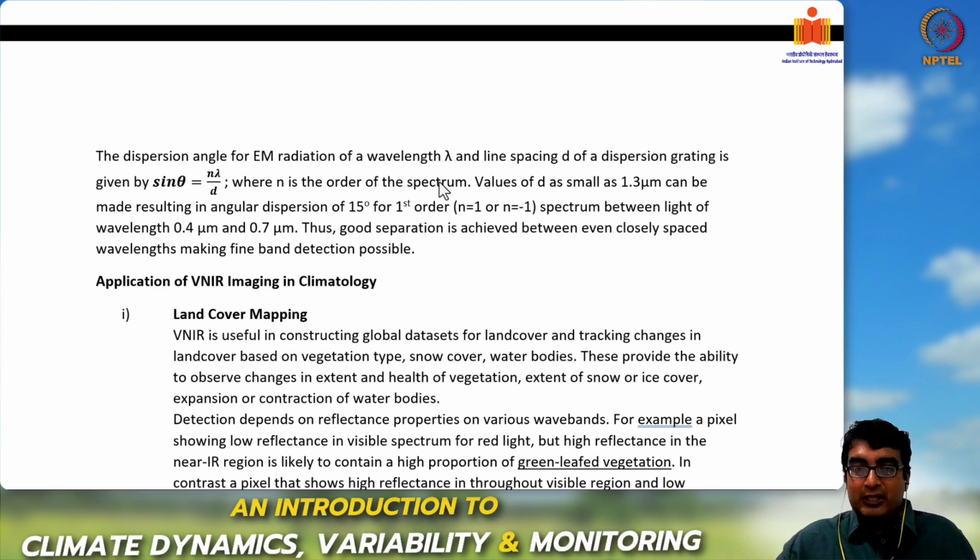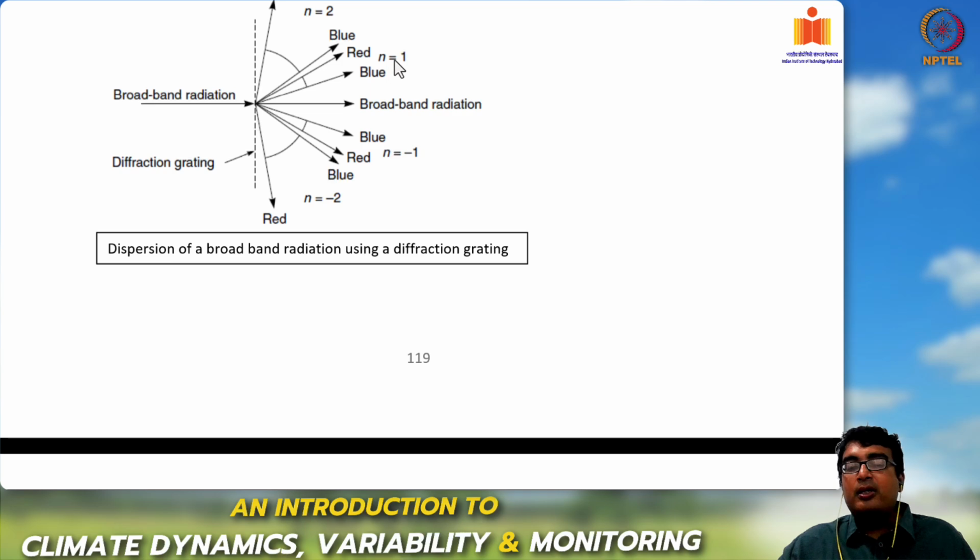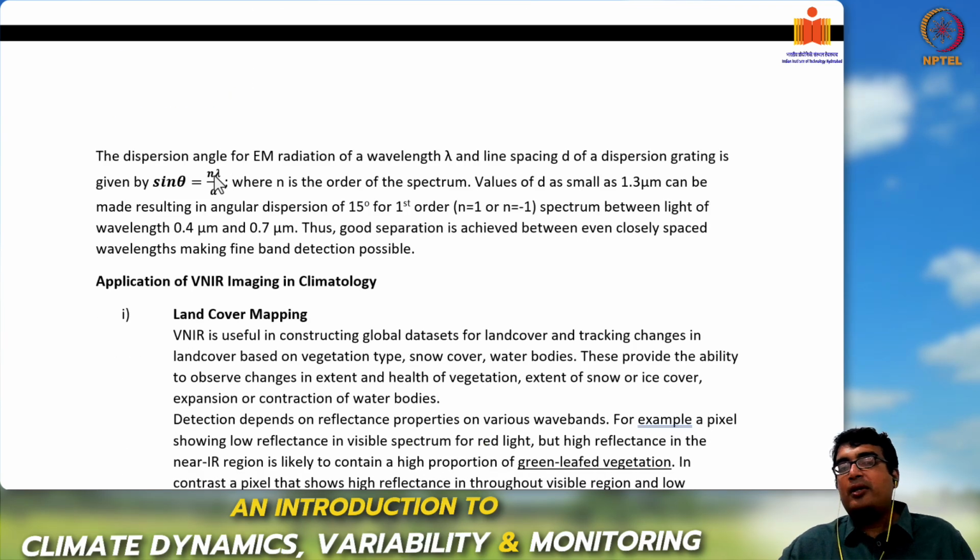Okay. So, that theta value is basically obtained by this expression. n is the order of the spectrum. Usually the first order, either plus 1 or minus 1 is chosen. So, n is either 1 or minus 1. So, it is basically lambda by d. So, d is the grating spacing of the dispersion grating, and you can have very small spacings of the order of 1.3 micrometers. Okay.